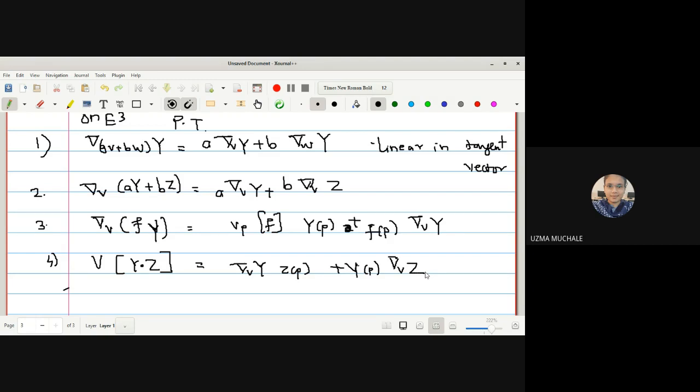Can you prove all these properties? We have done all these properties while doing directional derivatives. It is similar. Just use the formula and prove the result. Try to do this. At least the first one you can do. Try to do that.